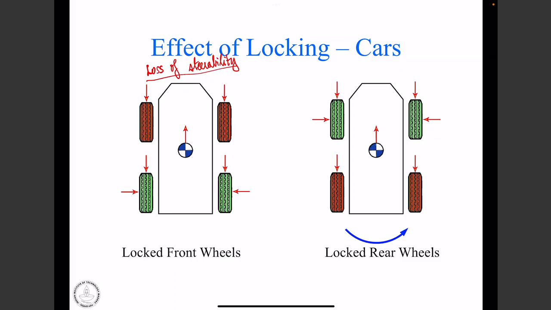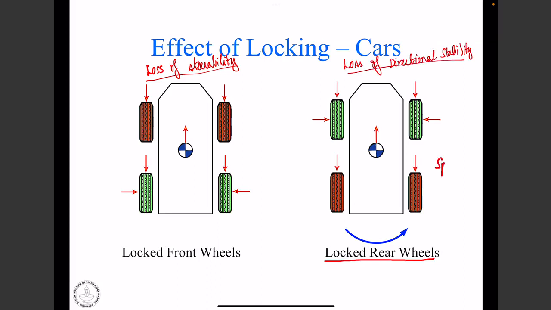And if the rear wheels lock, we have a more serious case. Both cases are serious, but this is more so. Why? Because we lose what is called directional stability. What is loss of directional stability? If a significant perturbation is given in the lateral direction, the vehicle can spin out of control.